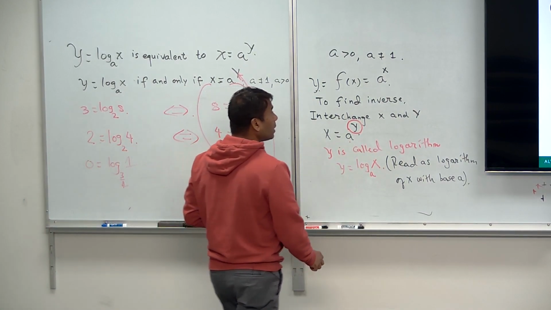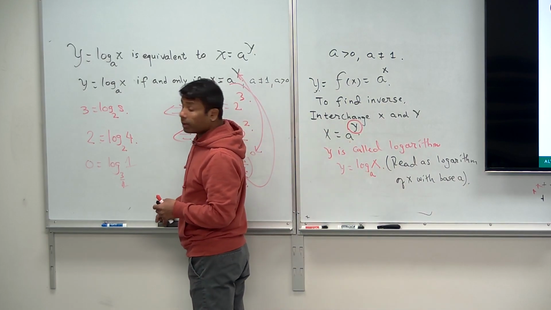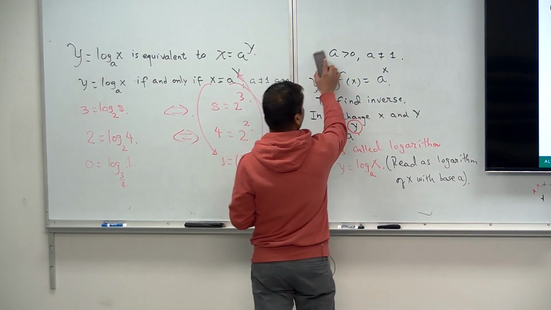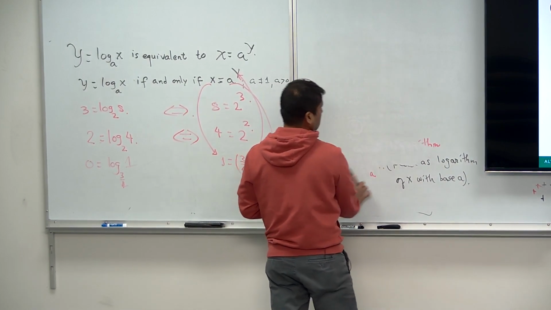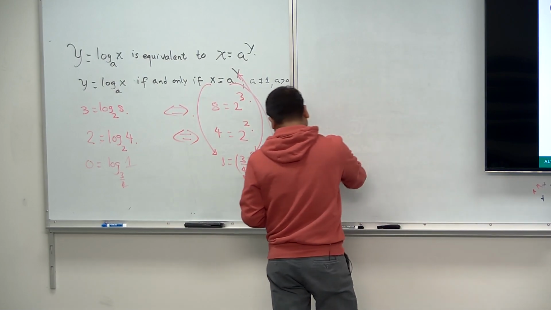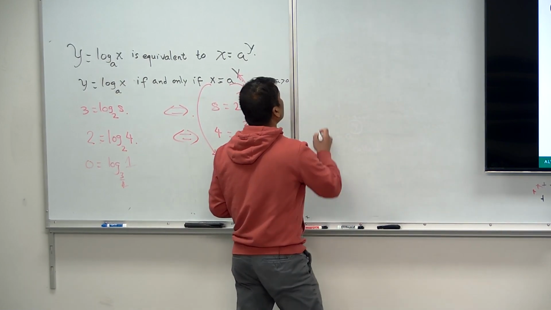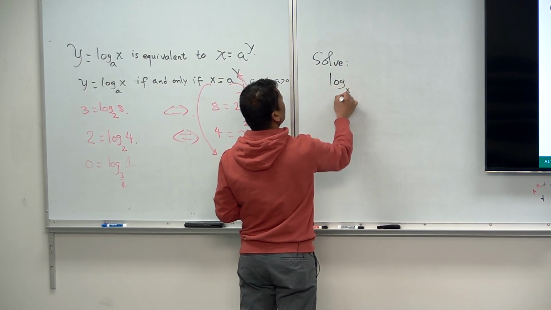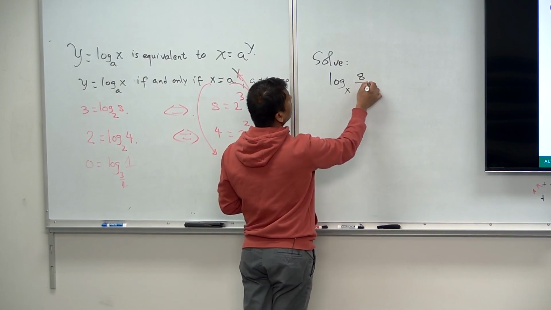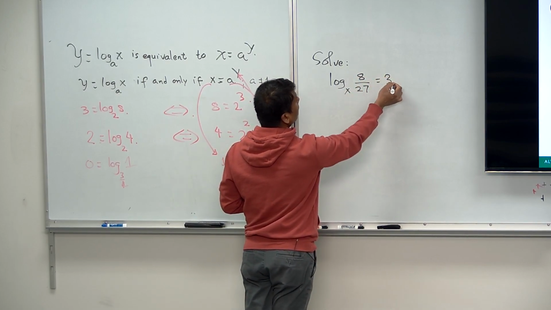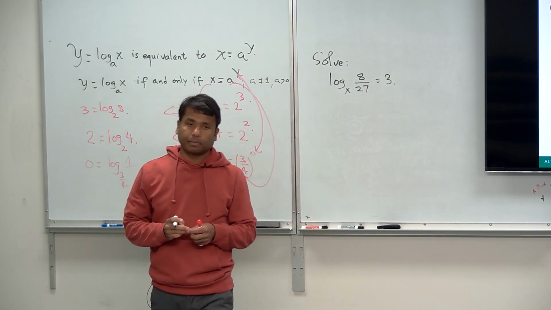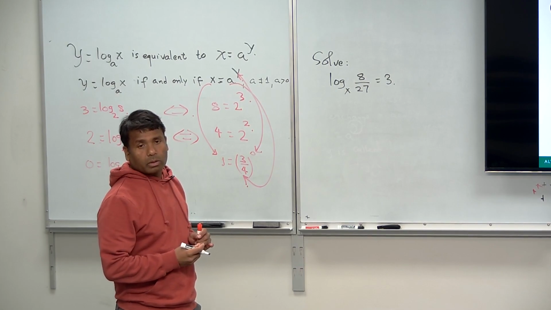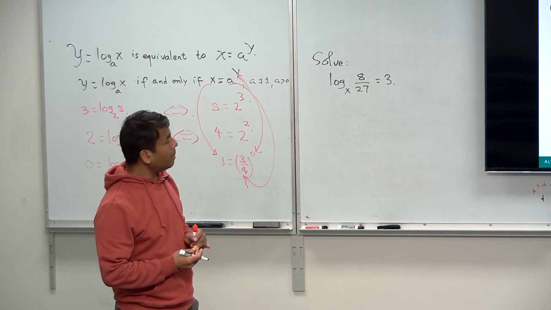Now you need to solve this equation, okay? So this is a logarithmic equation, right? So how do you solve logarithm with base x of 8 over 27 equals 3?